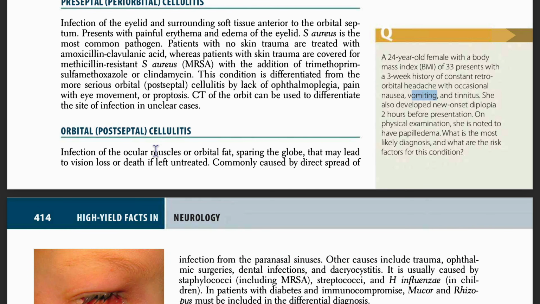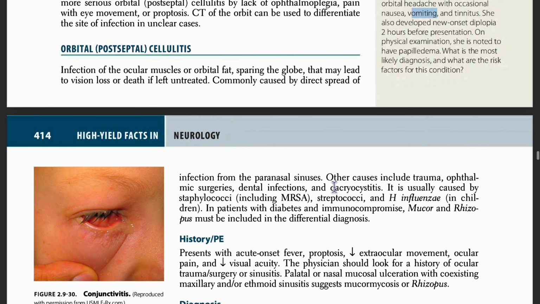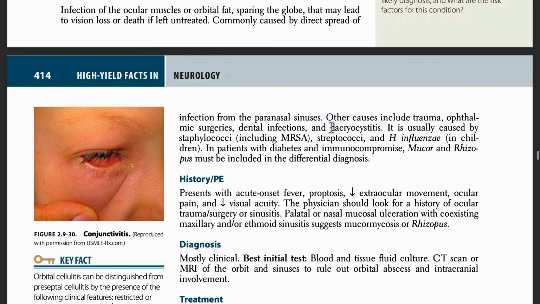Orbital postseptal cellulitis: infection of the ocular muscles or orbital fat sparing the globe that may lead to vision loss or death if left untreated, commonly caused by direct spread of infection from the paranasal sinuses. Other causes include trauma, ophthalmic surgeries, dental infections, and dacryocystitis.